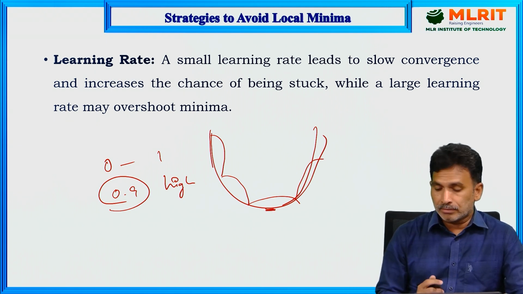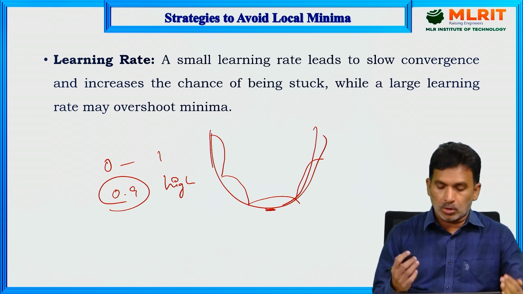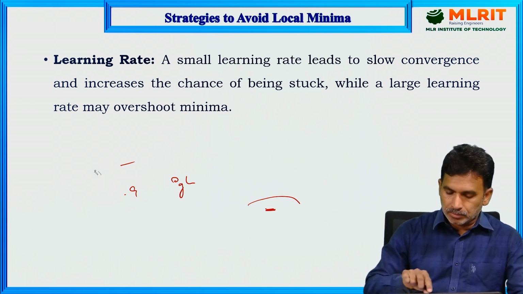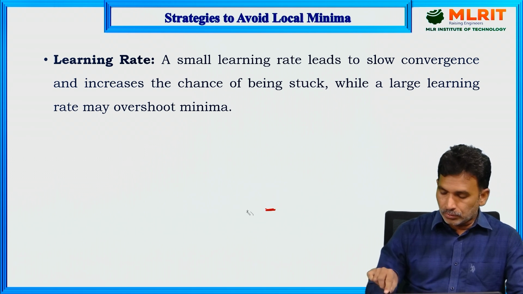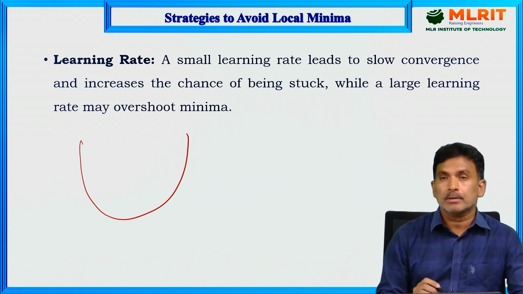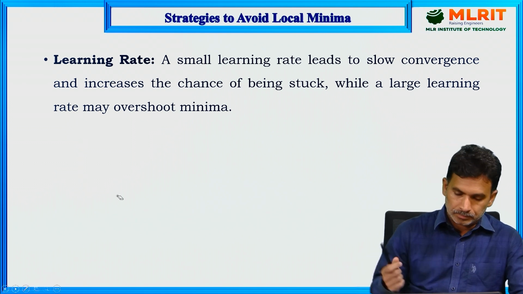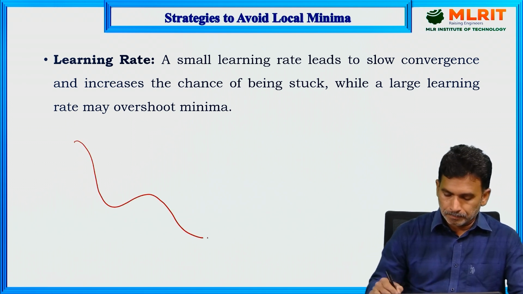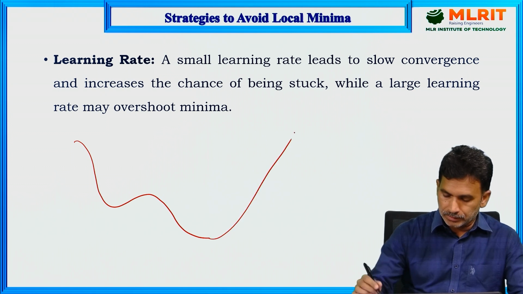And if you take a very small learning rate, then what will happen? Suppose this is the function we have.